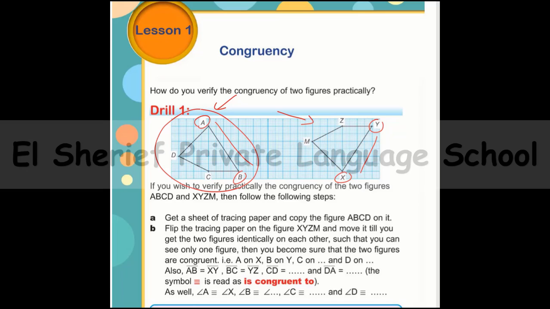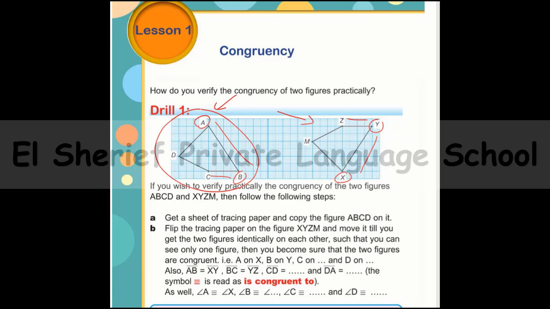And we have BC and YZ equal in length, so we can say the two corresponding sides are congruent.